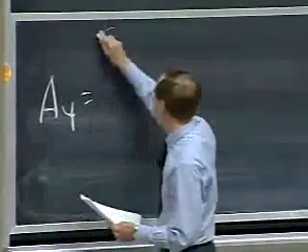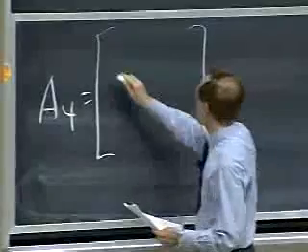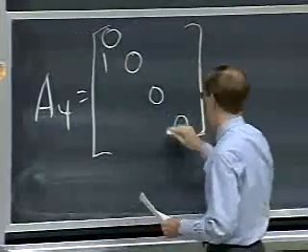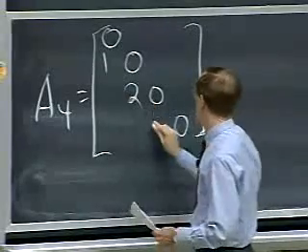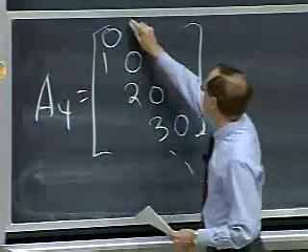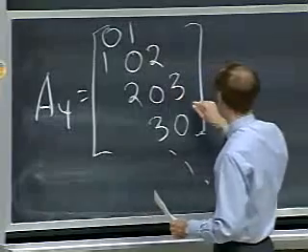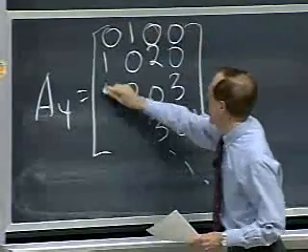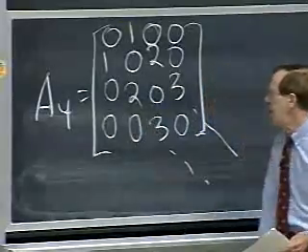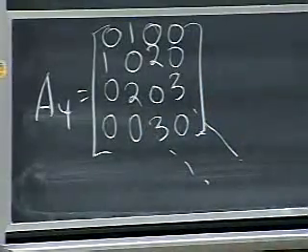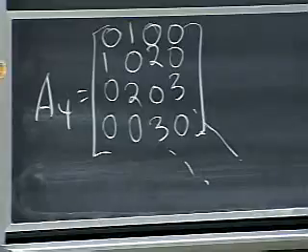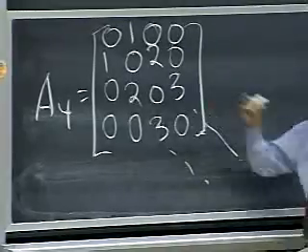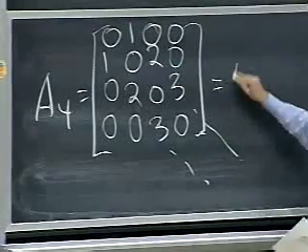The fourth guy in the family has zeros on the diagonal, but these are going 1, 2, 3, and so on. For the 4 by 4 case, I'm stopping at 4. You see the pattern? It's a family of matrices which is growing, and it's symmetric, right? It's equal to A4 transpose.